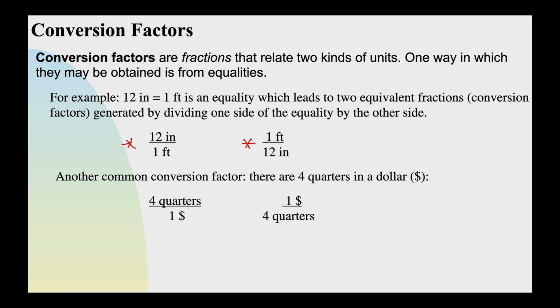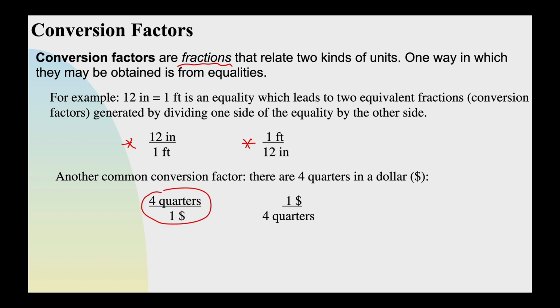So the first thing I want to let you know is that any kind of conversion factor you're going to see, it's basically just a fraction, and you can flip it, all right, as you need. Now here's one I use several times, 4 quarters per dollar, and of course you can write that as $1 for every 4 quarters. So if you started with dollars and you want to know how many quarters you had, you would use the first one.